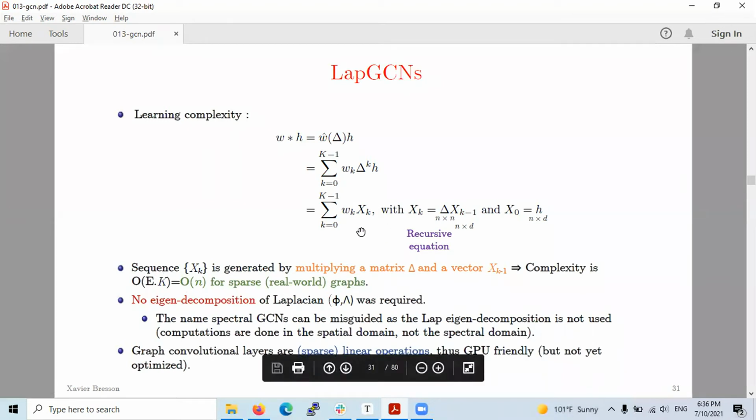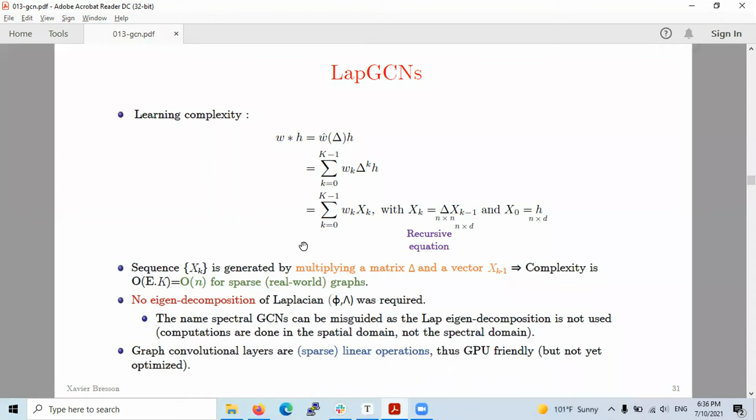And so with this, they try to solve this issue of the Fourier transform and the n square. Now the sequence x_k is generated by multiplying a matrix delta and a vector x_k.